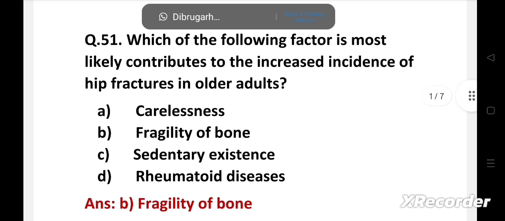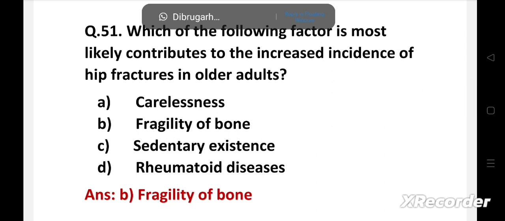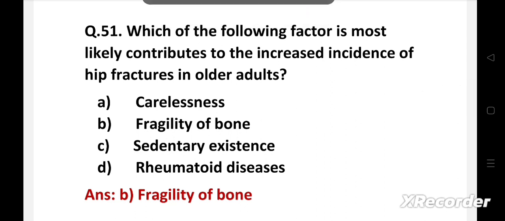Right answer is option B, fragility of bone. Bones become more fragile because of loss of bone density associated with the aging process. This often is associated with lower circulating levels of estrogens or testosterone.